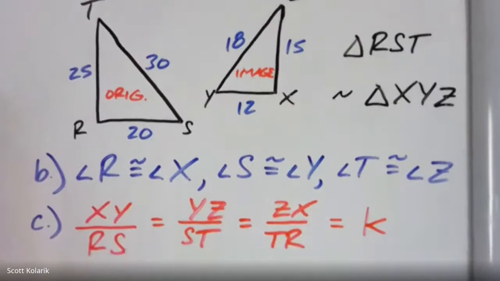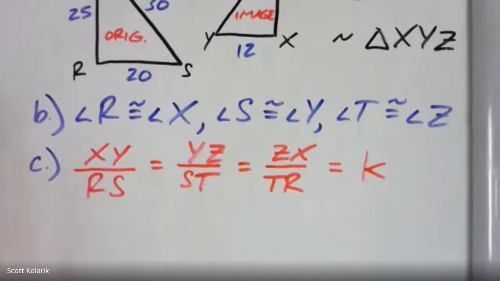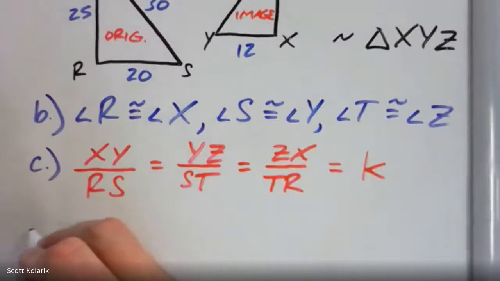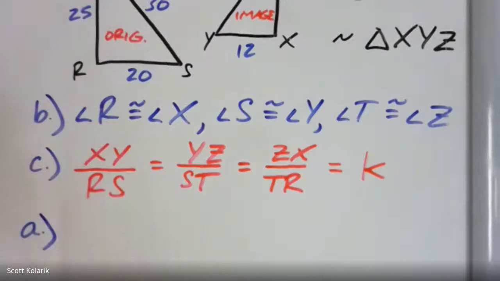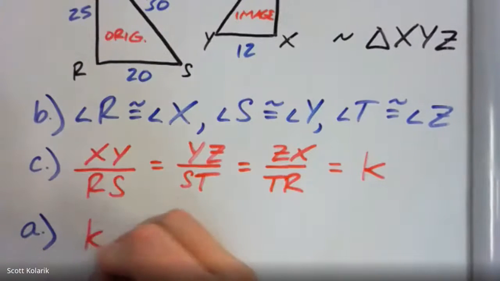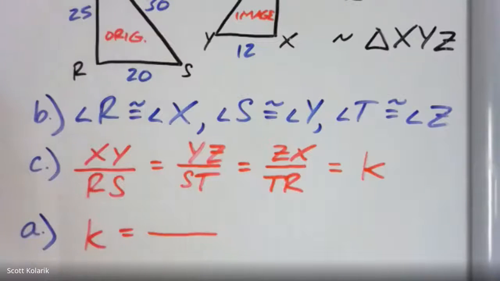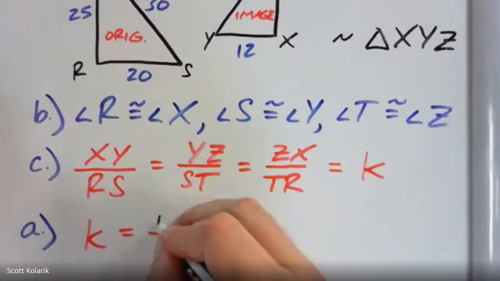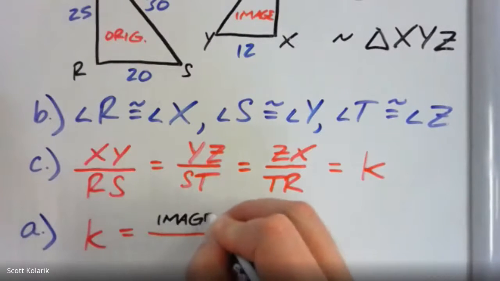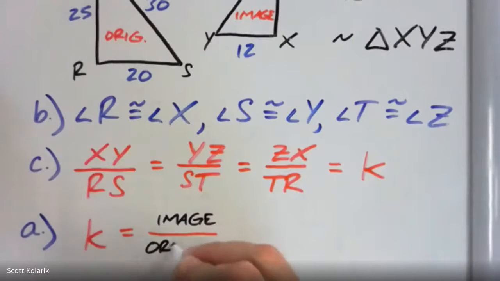So now I'm coming back to part A. Again, I need to change the order of this for future years. Part A asks me to identify the scale factor K, which represents some image measurement over its original measurement.